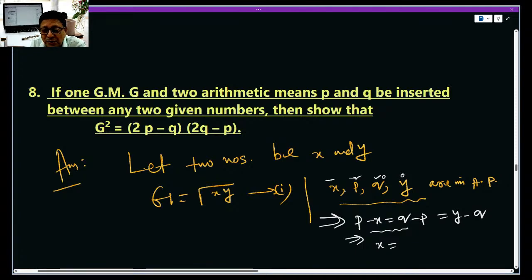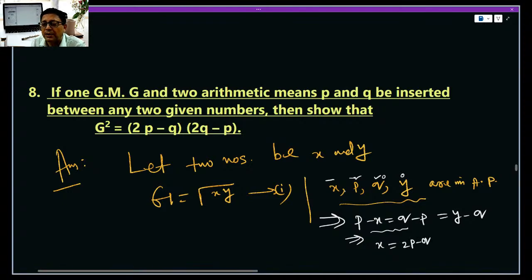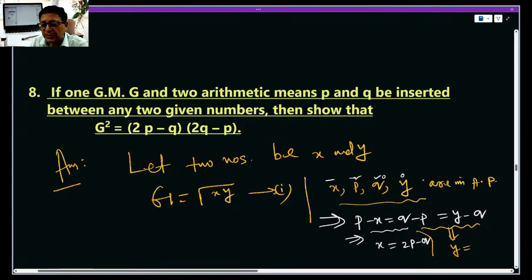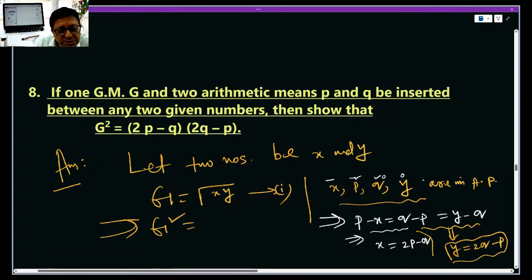X is unknown, we have to eliminate. We will get the value of x and y here and substitute. X is going to be, transfer it here, 2p minus q. And from these two, what is y? Y is 2q minus p. Clear? So from here, g square equal to xy. This implies g square equal to 2p minus q multiplied by 2q minus p. It is proved.